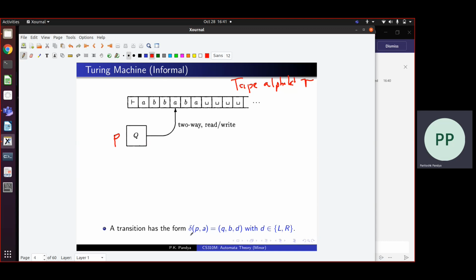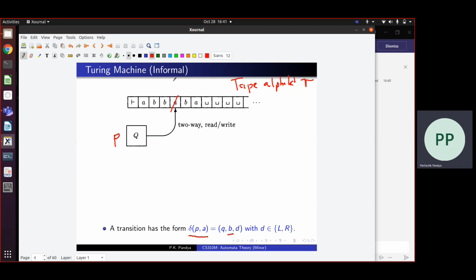That move is given by delta of P, A. And what does delta of P, A say? Well, the Turing machine will change its state from P to Q. It has the ability to change the symbol at a cell. Currently it was reading symbol A at this cell. Instead, it will rewrite it with symbol B.